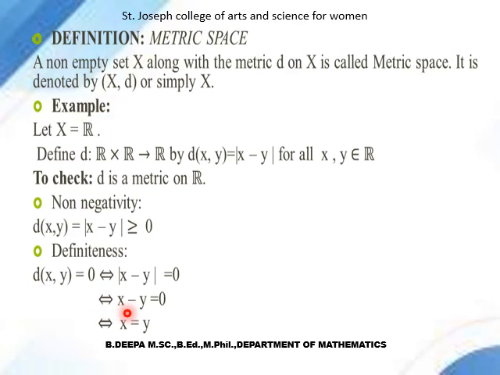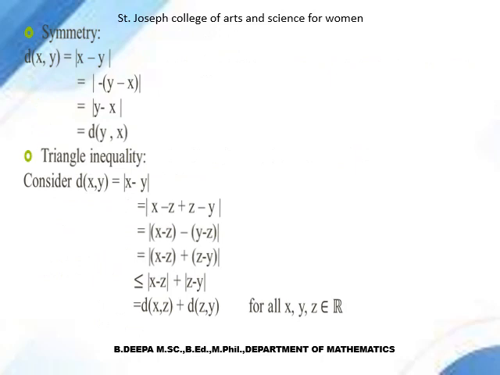That implies x minus y equals 0, that is, x equals y. And next one is symmetry. D of x comma y equals modulus of x minus y. So modulus of x minus y can be written as modulus of minus of y minus x, that is equal to modulus of y minus x. Modulus of y minus x equals D of y comma x.